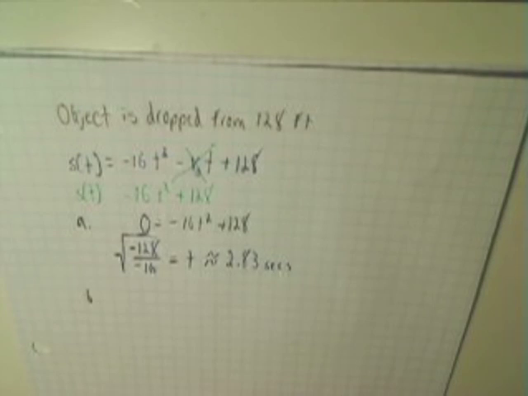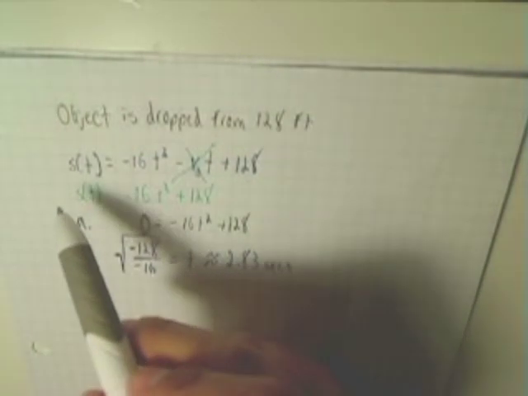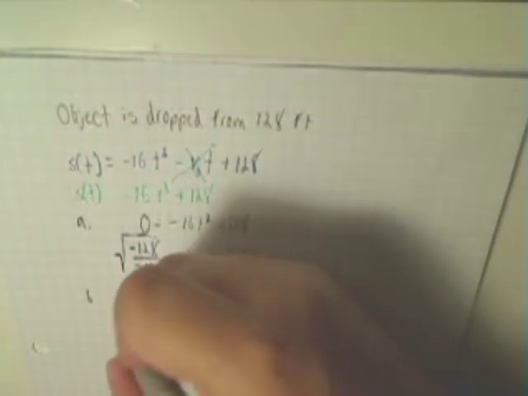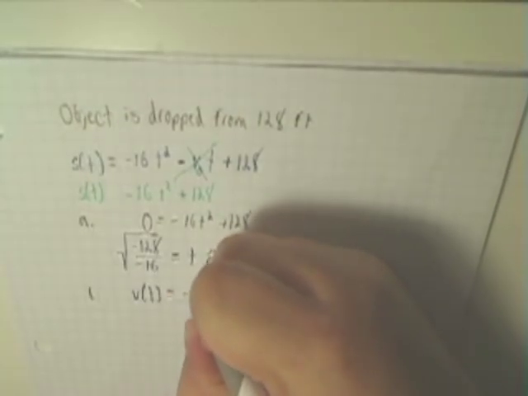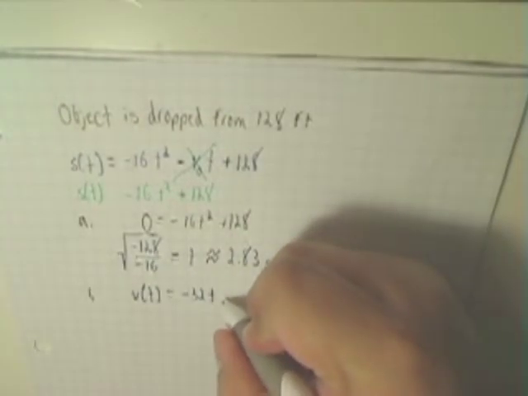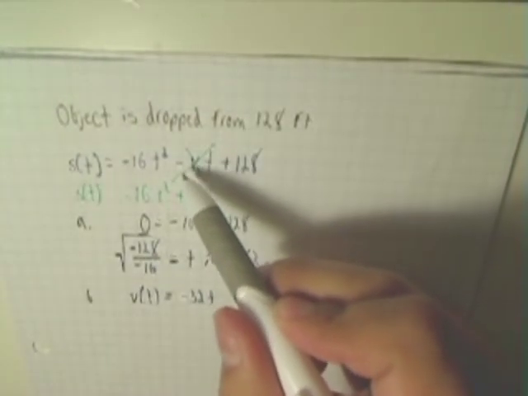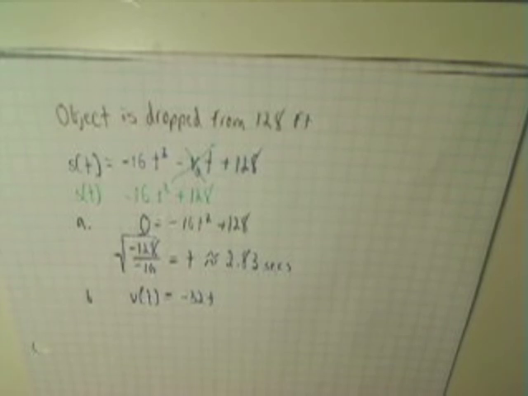So now we must get the velocity function, which is the derivative of the position function. So v of t is equal to negative 32 t, and because we have no initial velocity, we are left with just negative 32t.